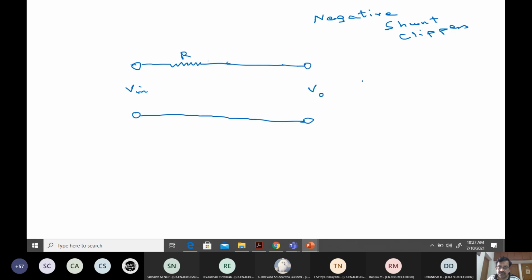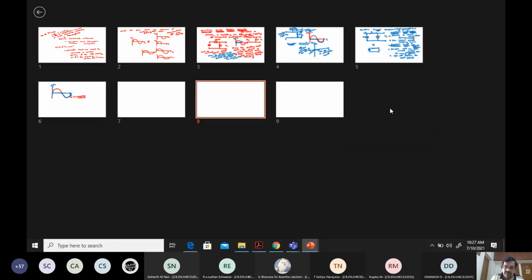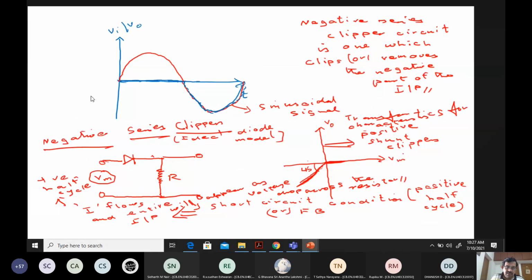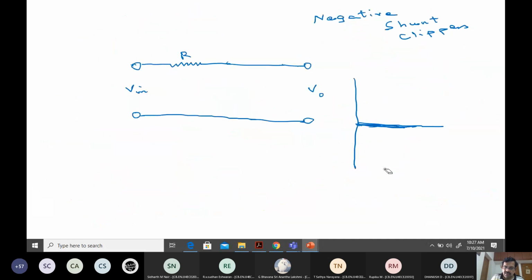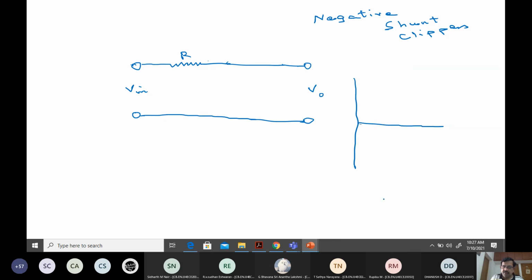Now I have to understand my waveform because it has to reflect that. So let me first draw the waveform.